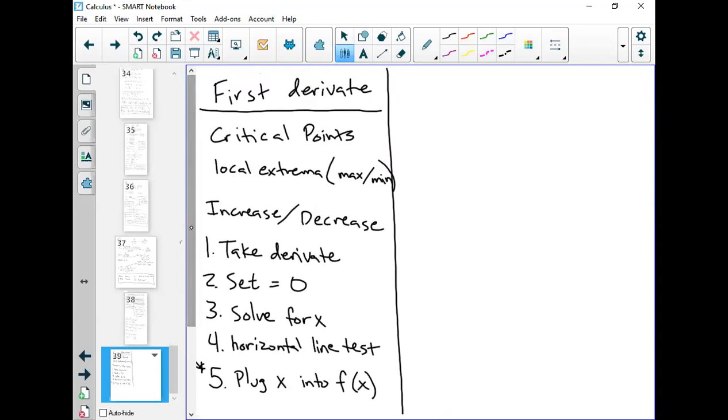Now for the second derivative, we're going to do basically the exact same process, but we're going to do the same process to figure out something different. Okay. So the terms here are really important. We have inflection points.